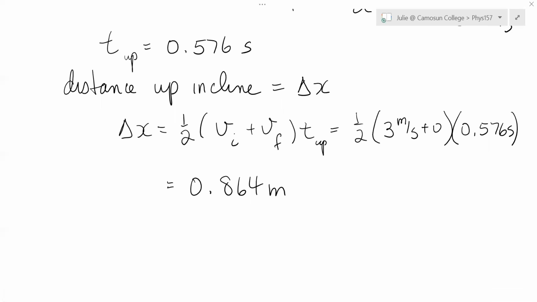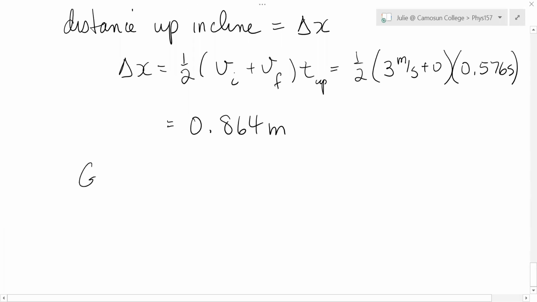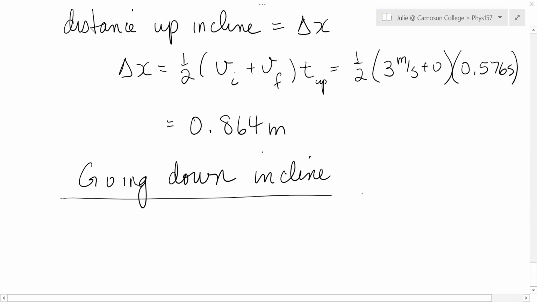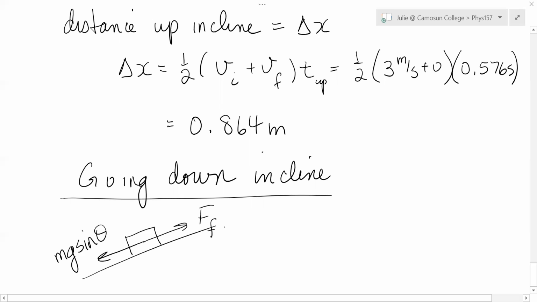Okay, now, what about going down? It has a different acceleration going down because now friction is in the opposite direction. Gravity doesn't change, you still have the force mg sine theta down the incline, but now you've got the force of friction up the incline because it's opposing the motion.